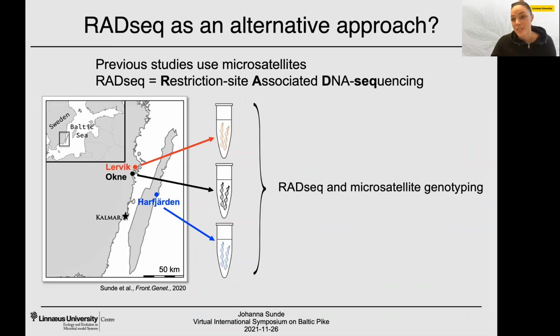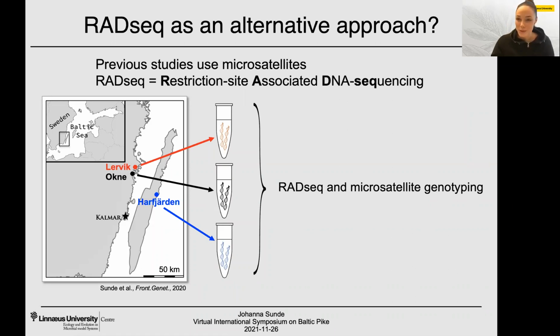During the last decades, next generation sequencing technologies have advanced quite a lot and the cost has gone down, so they now present good alternatives, which provide a much higher resolution of the genomic information.